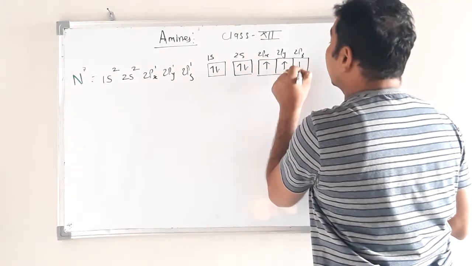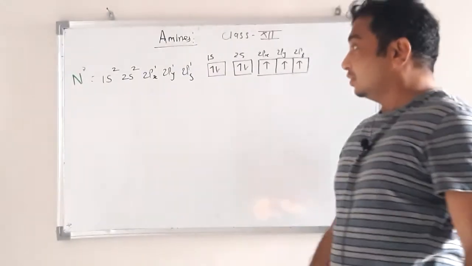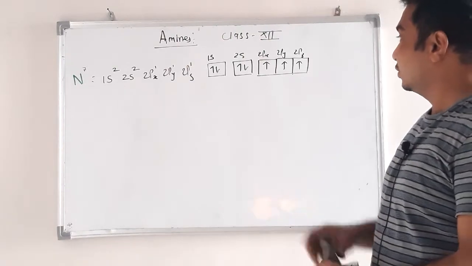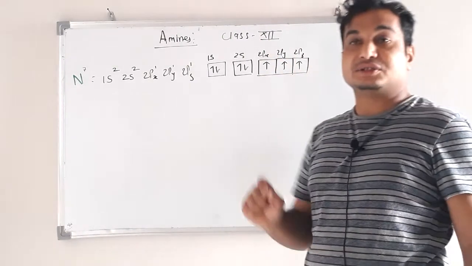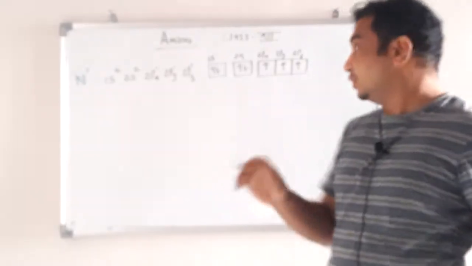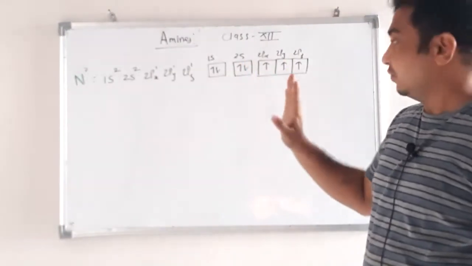Now in ammonia, these 2px, 2py, 2pz orbitals are singly filled, and the 2s orbital is completely filled.